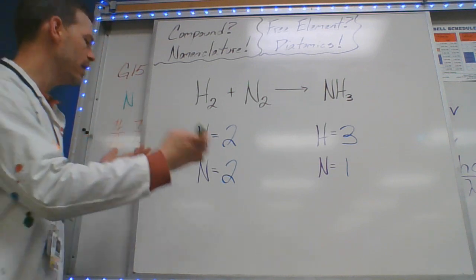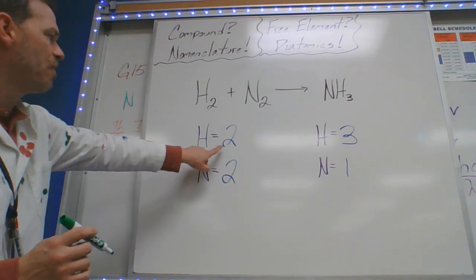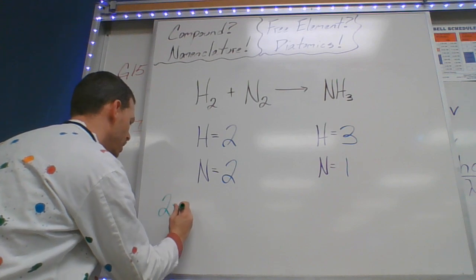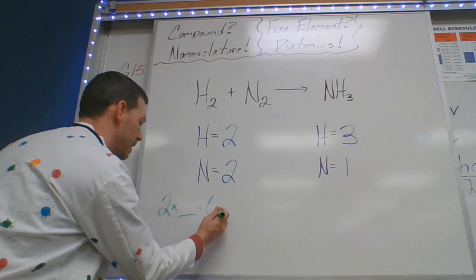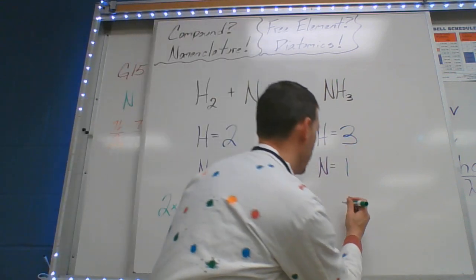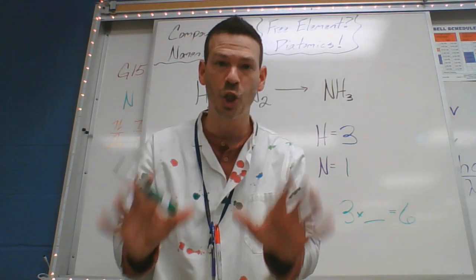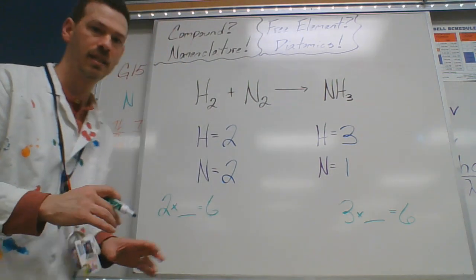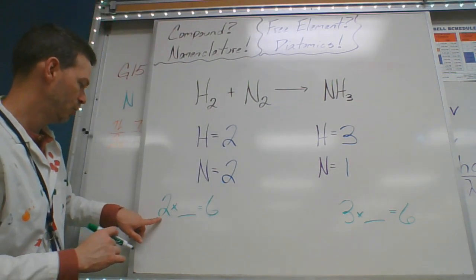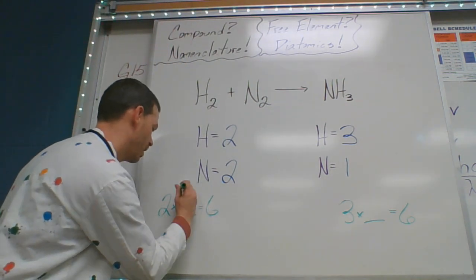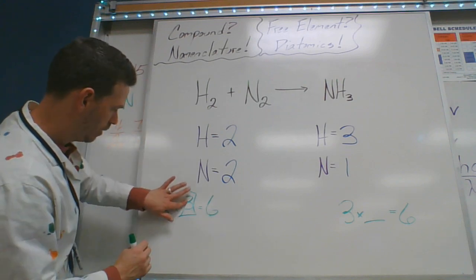So you probably don't need me to do this off to the side. But on this side, it would be 2 times something equals 6. And over here, it would be 3 times something equals 6 to turn them both into 6s. So this, of course, is 2 times 3.